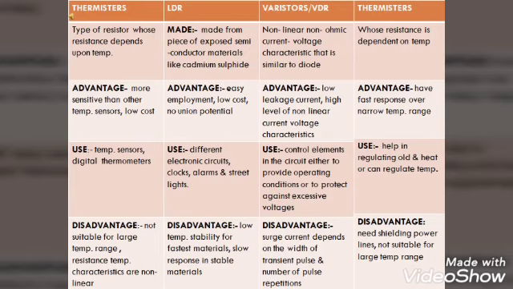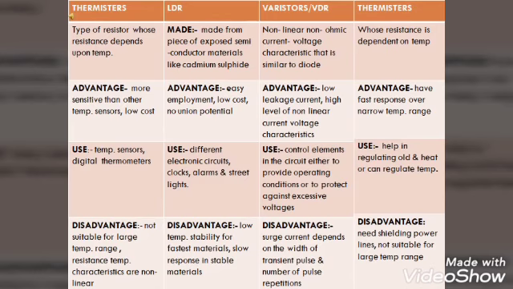It's a passive component that decreases its resistance with respect to the luminosity received on the component's sensitive surface. Well, what is a varistor? It's also known as VDR, voltage dependent resistor.